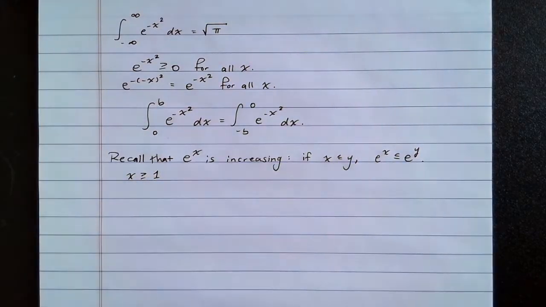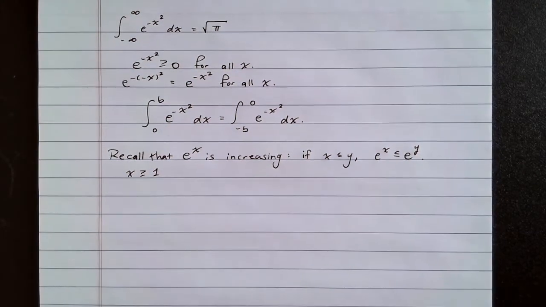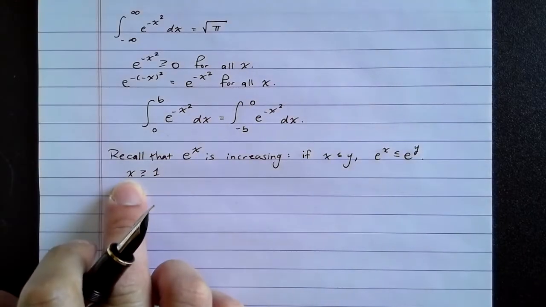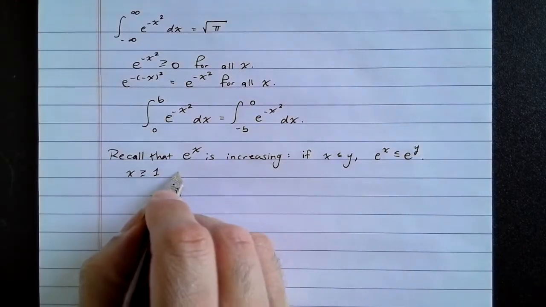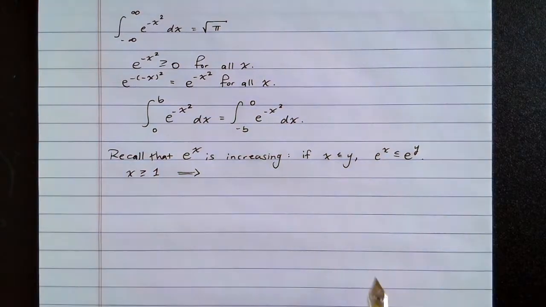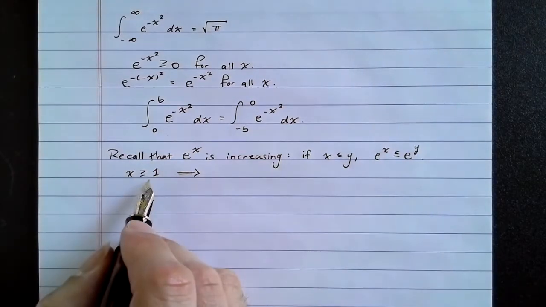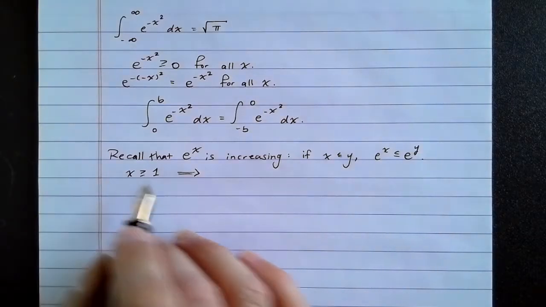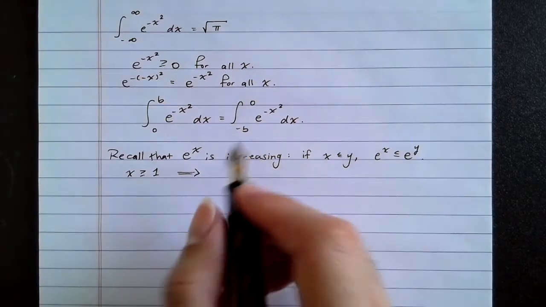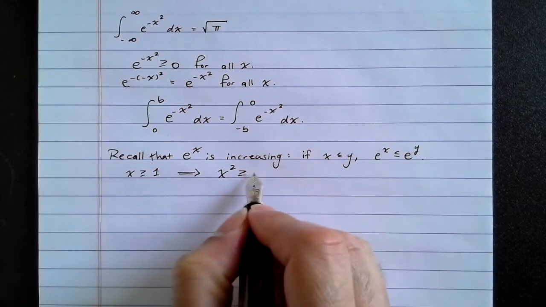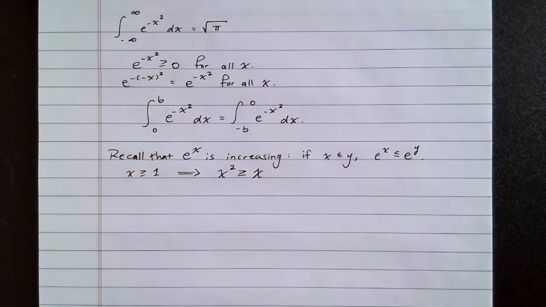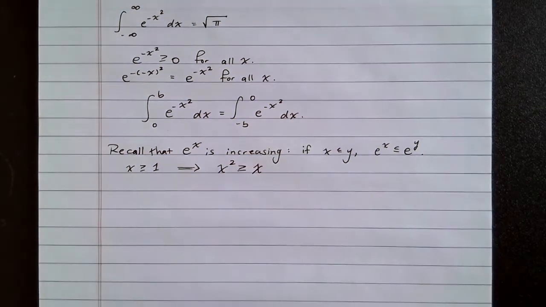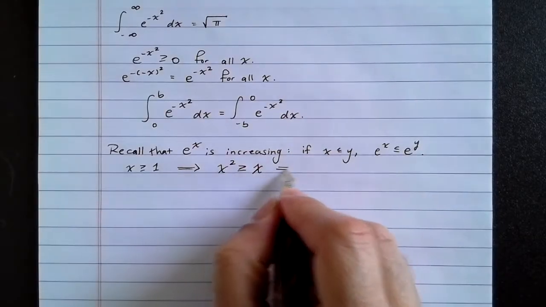So we're going to start first with x bigger than or equal to 1. If I multiply both sides of this inequality by x, since x is a positive quantity, the inequality is maintained. So I get that x squared is bigger than or equal to x. Now I'm going to multiply by negative 1.